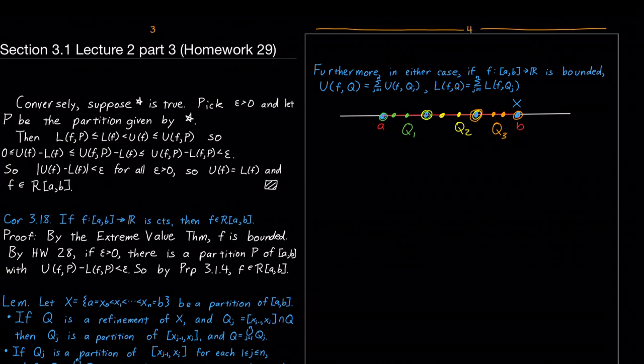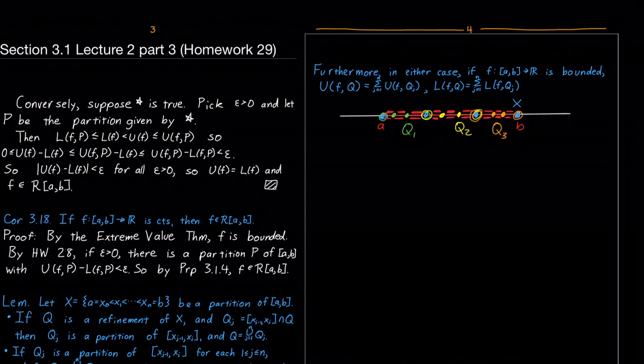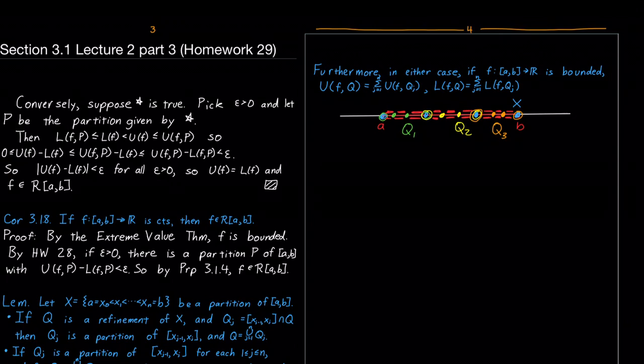For the upper sum of f over Q, you would be taking the supremum over this interval, this interval, this interval, whereas with the sum of the pieces, you would first add these three together, then add these three together, and then put them together. Regardless, you're adding up over the same sets of intervals. So we'll stipulate that the lemma is true.